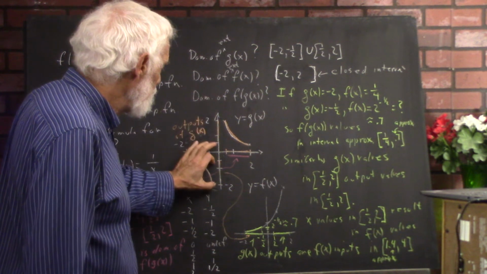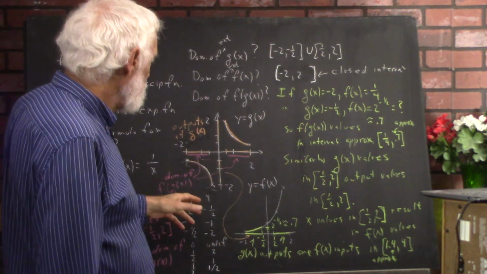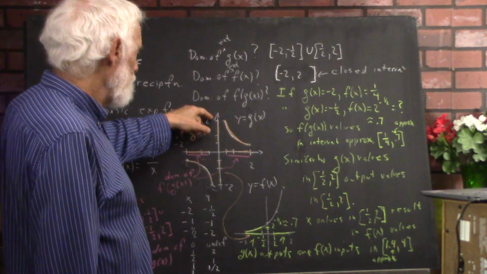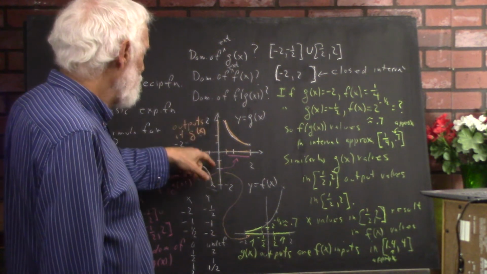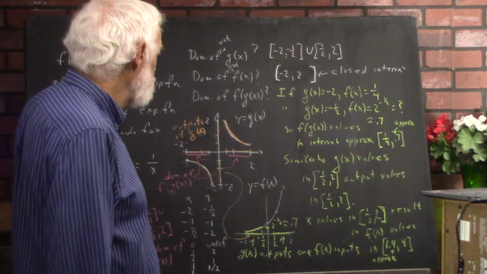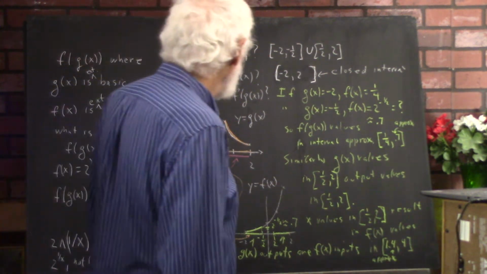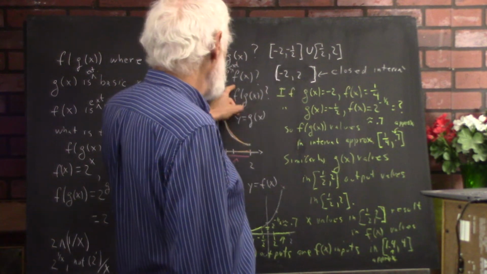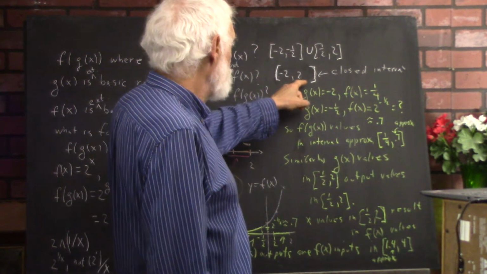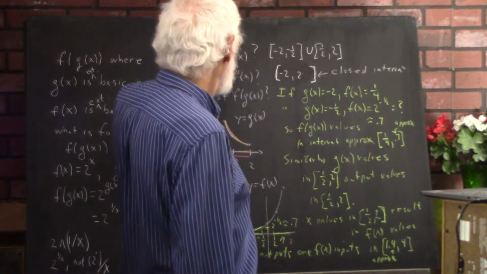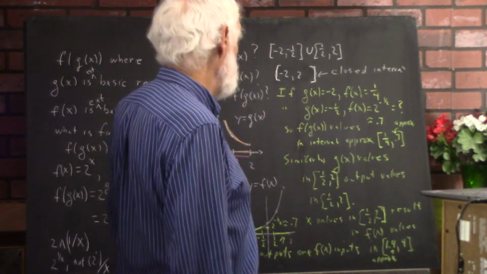Outputs are here and here. So the outputs consist of the intervals [-1/2, -1], [1/2, 2], and [-2, -1/2]. And those go into the function f of x. So the domain of g of x is this. The domain of f of x is the interval from -2 to 2. Every one of the numbers in the domain of g of x will go into f of x.